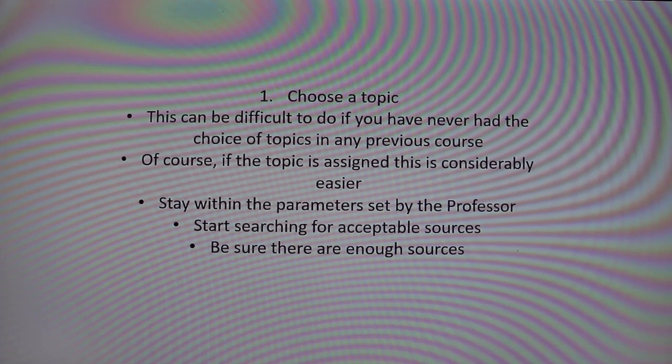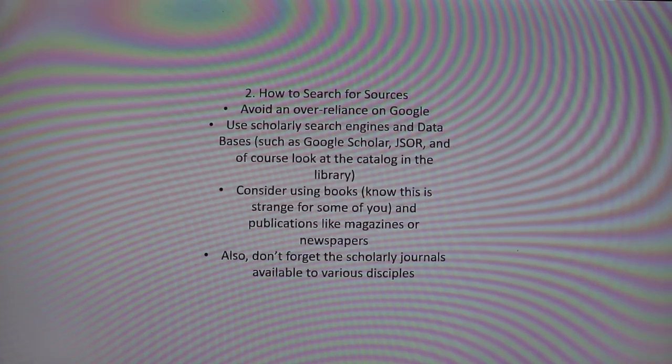So that's going to be your big question. Are there enough sources? And are there enough sources that are acceptable? Acceptable sources mean, of course, scholarly sources. So how do I find those? Well, you have to remember you don't want to over-rely on regular Google.